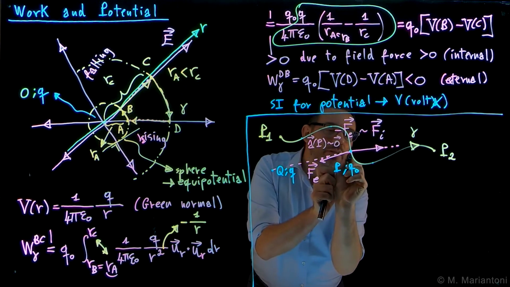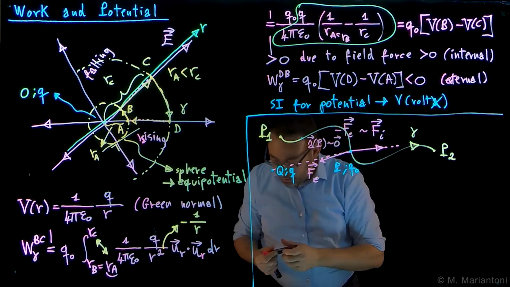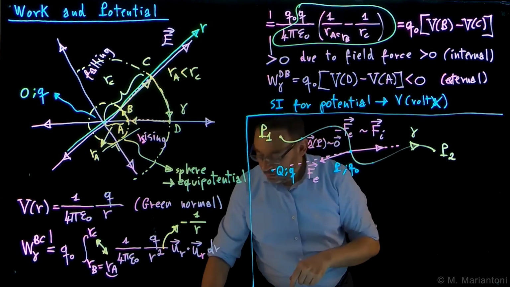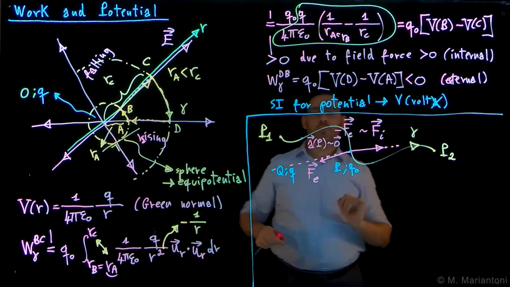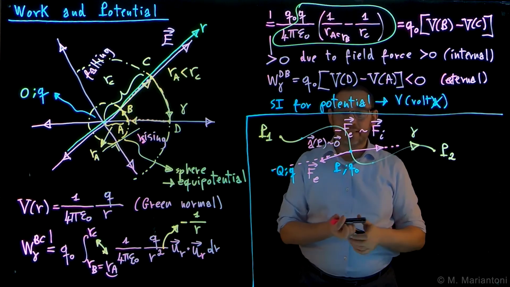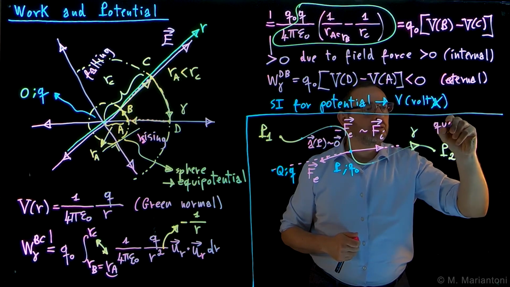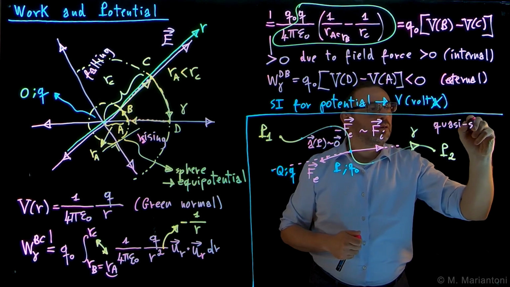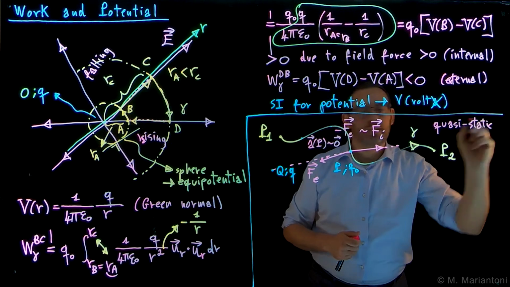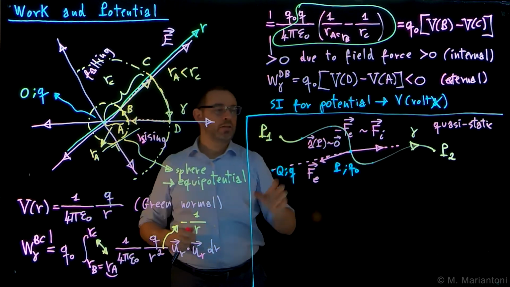But yet there is a little bit of a velocity that allows me to follow this line gamma, okay? This is called a quasi-static transformation, when this acceleration is very, very tiny, okay?